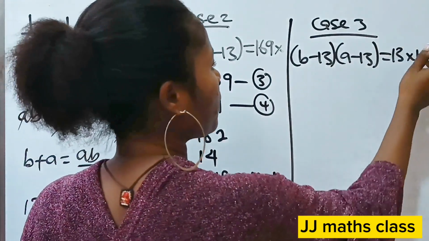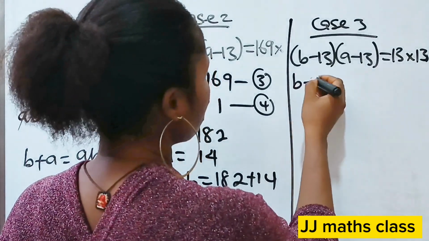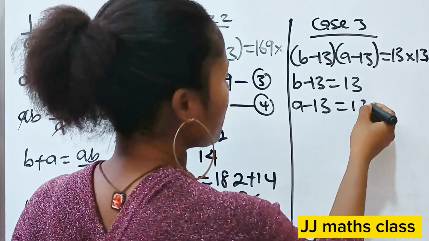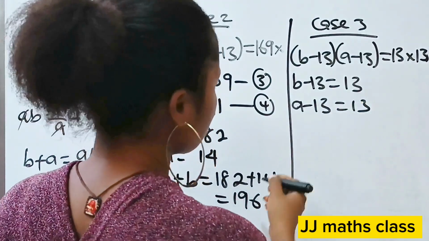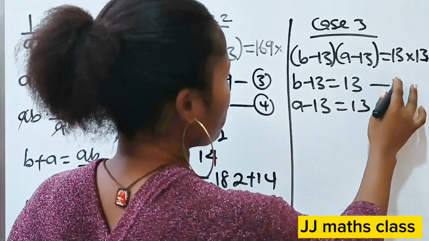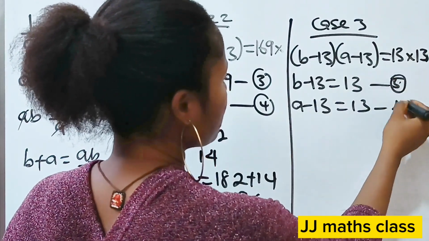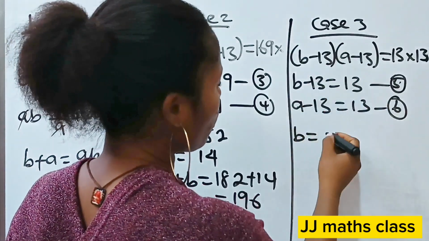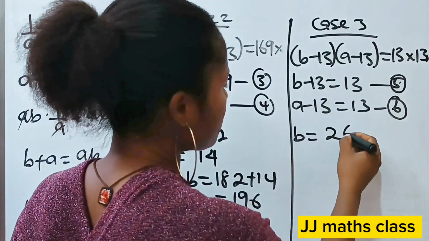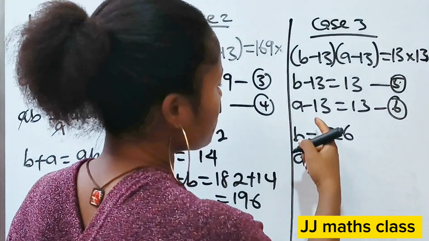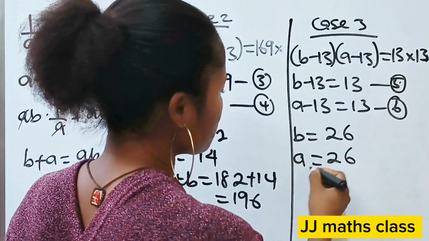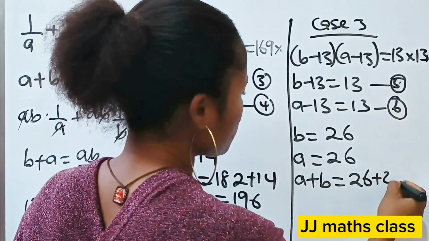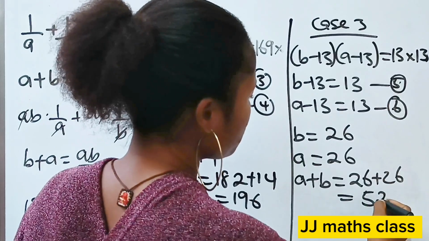That simply means that b minus 13 is equal to 13 and a minus 13 is equal to 13 as well. From equation 5 and 6, from 5 we can see that b is equal to, this will cross to become plus 13, so we have 26, and a is also the same thing, 26. So a plus b for case 3 is going to be 26 plus 26, which gives us 52.